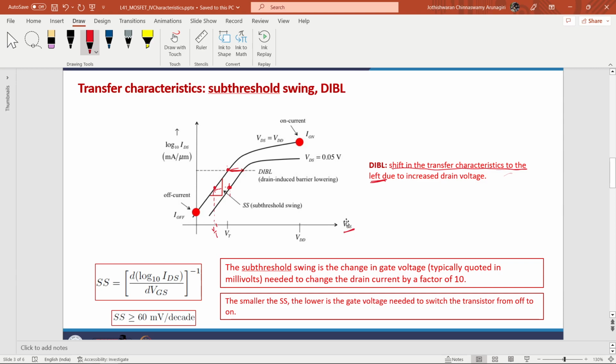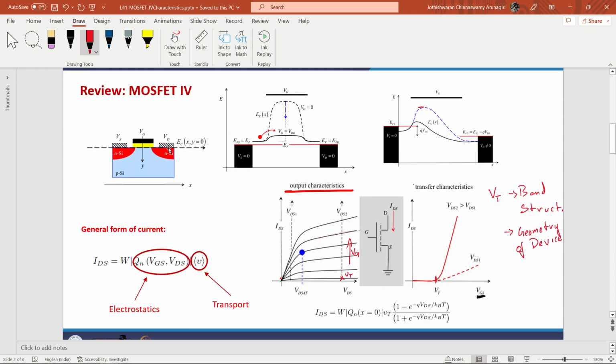To be precise, the VGS versus IDS curve will shift to the left. Insofar as the VDS versus IDS curve, in the presence of drain induced barrier lowering, this entire set of graphs will move down, effectively reducing the current gain that we get with increasing the drain source voltage.